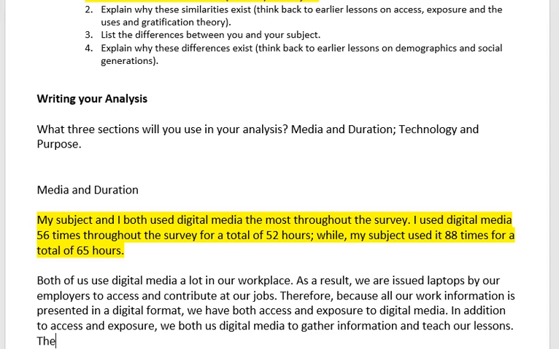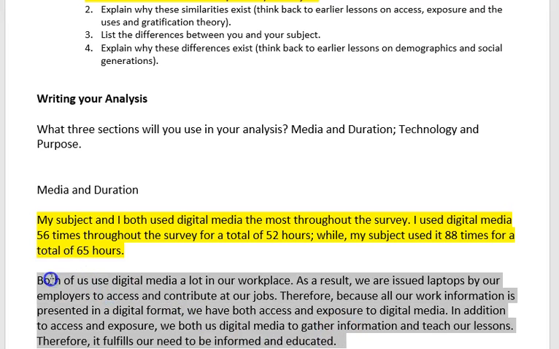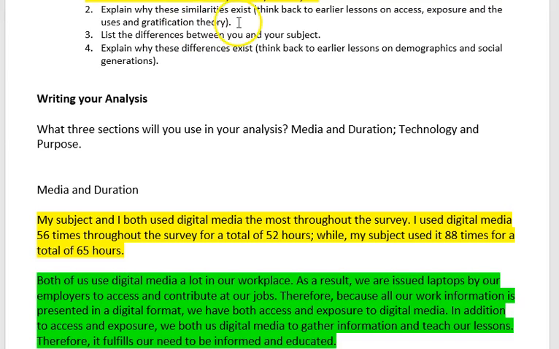Therefore, it fulfills our need to be informed and educated. So I've touched on two things there, and that provides the basic explanation for why those similarities exist.